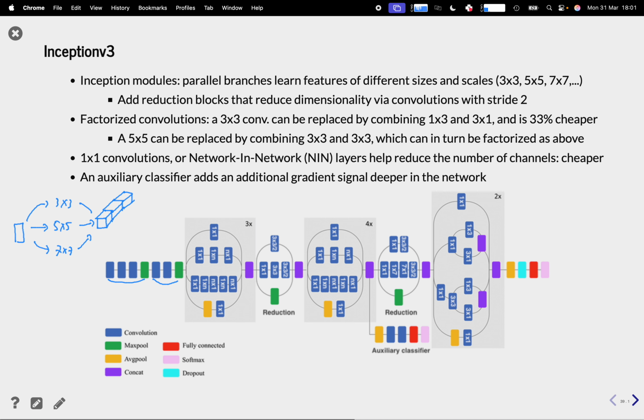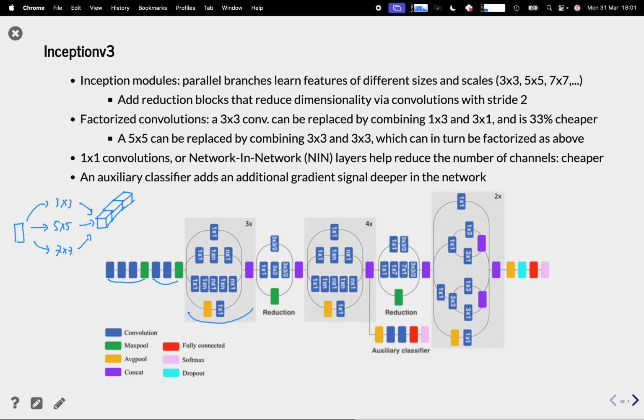With some tricks to make sure this can fit, right? But that's the idea. And so by combining this, you can actually learn small patterns and large patterns at the same time. Right? There's a number of other tricks. So that's basically the idea here. Now, you can see it's a bit more complicated than that, but I'll come back to that.